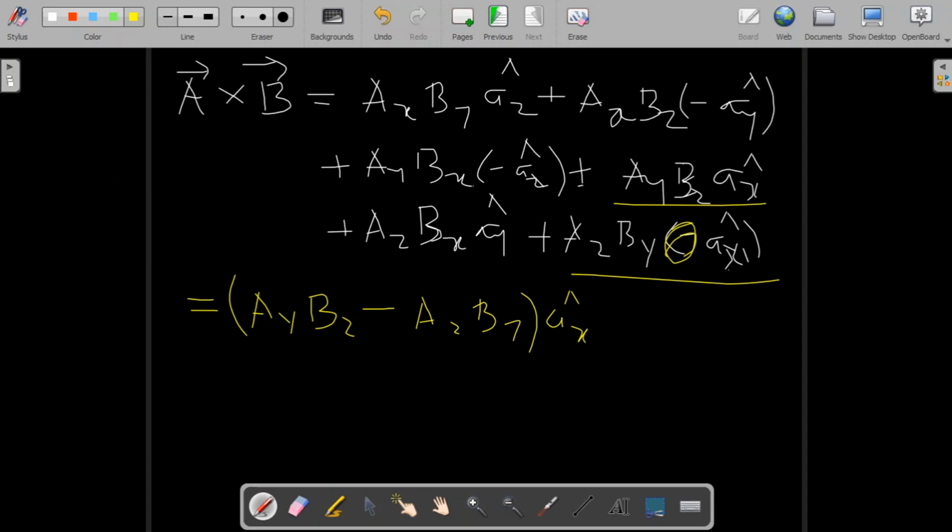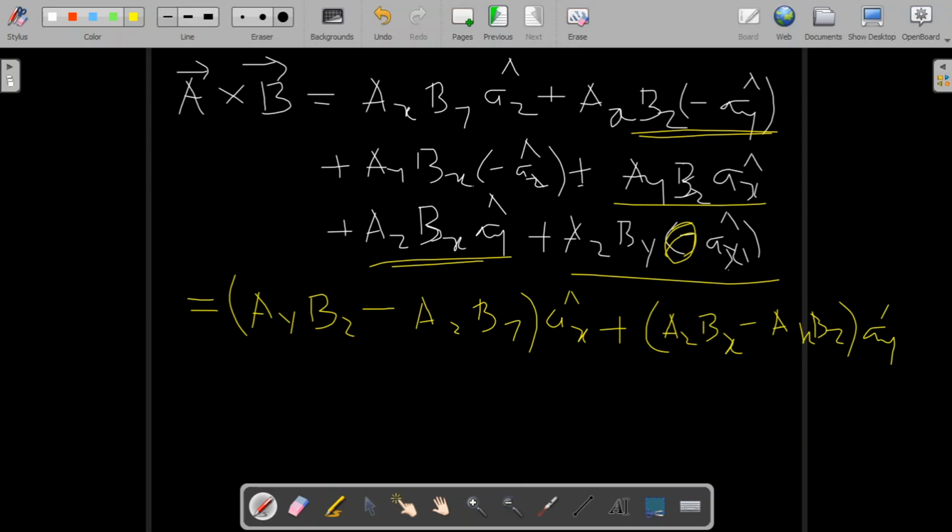Nice. Plus similarly for ay cap, I have an ay cap term here, and another ay cap term here. The positive term I'll write first: az bx minus ax bz, this is ay cap.